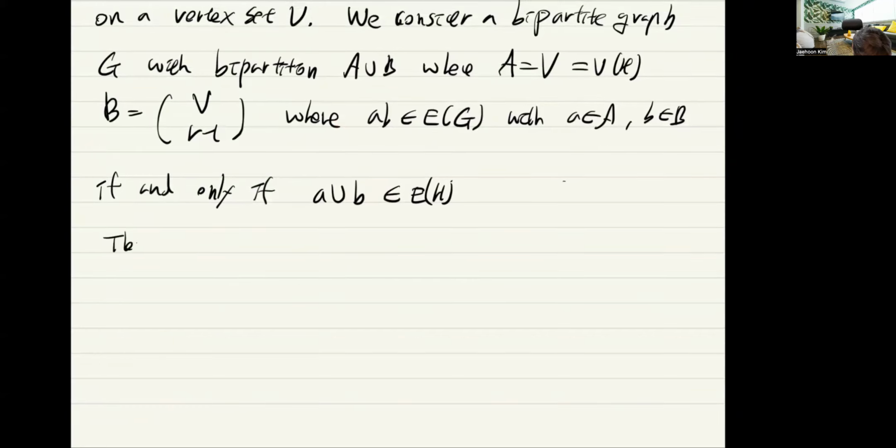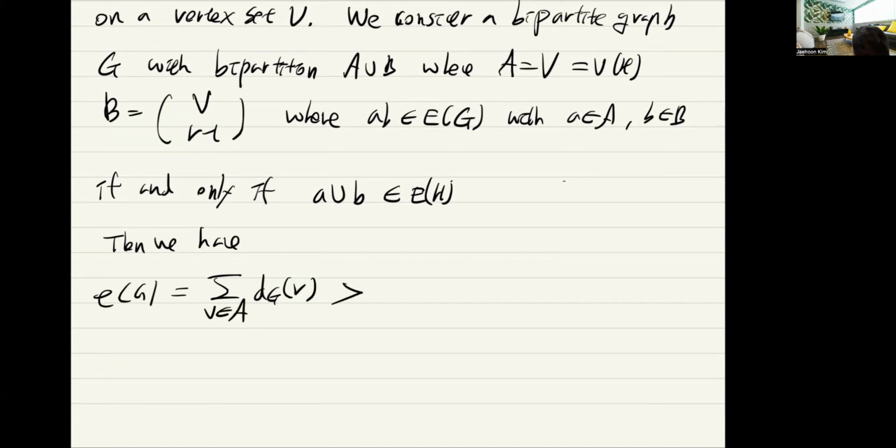Then we have the added degree of the vertices in A. That's the number of edges in G. If you have an edge here, then it gives you an edge between X, Y, G, and Y and X, G, and G and X, Y. So you get 3 edges.